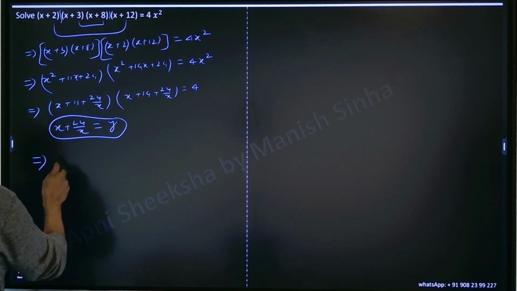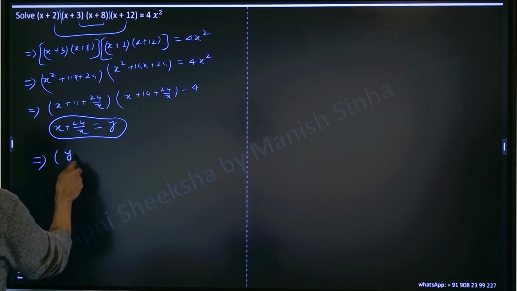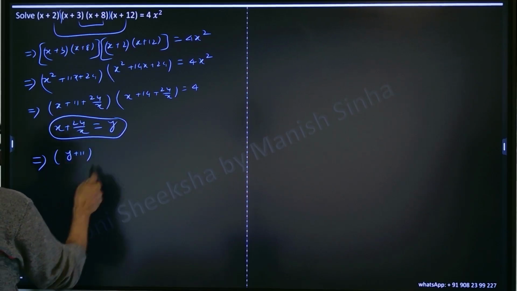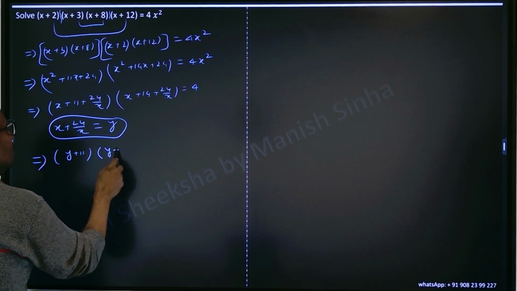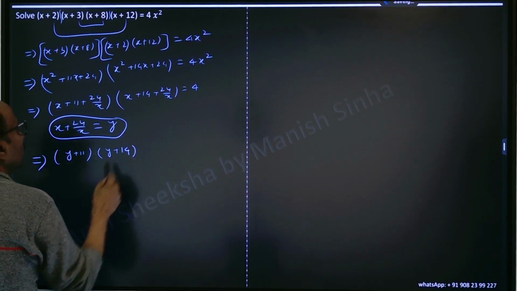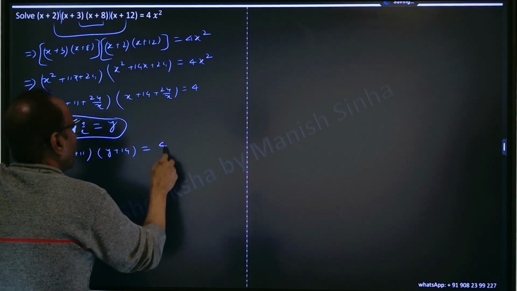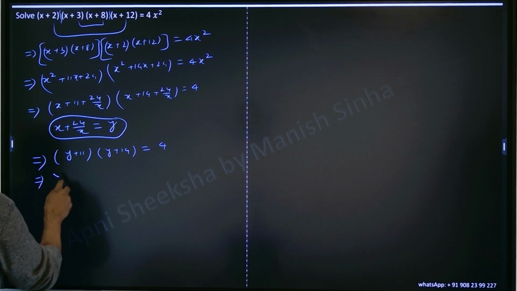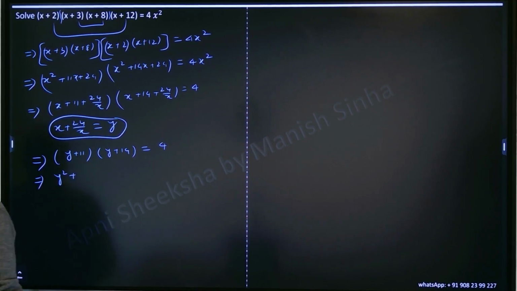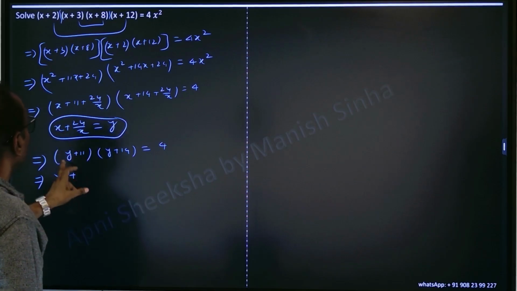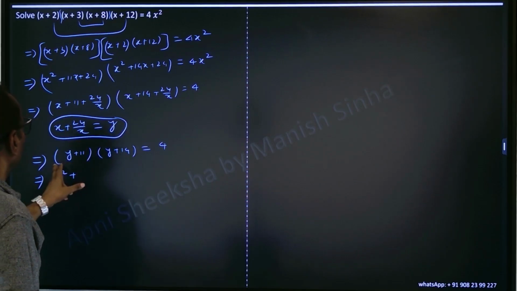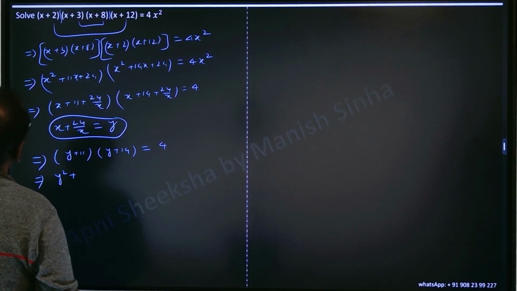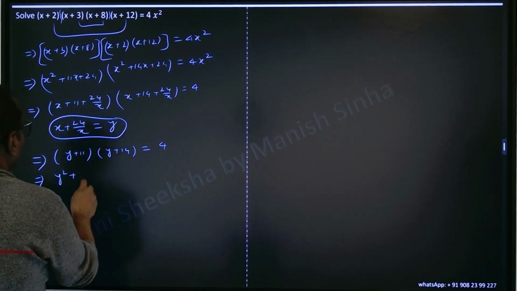So your equation will reduce to (y plus 11)(y plus 14) is equal to 4. 11y plus 14y. 11 plus 14 is 25.